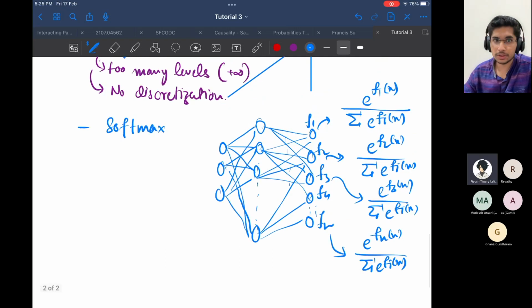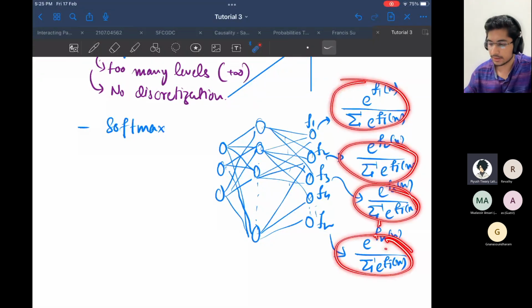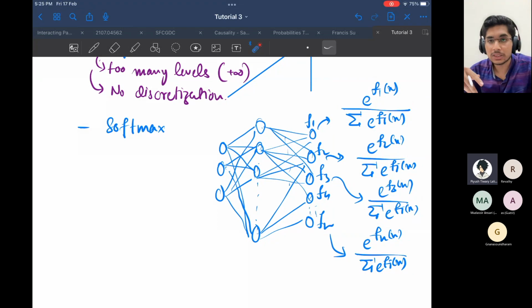Okay, so you can see, right, that by construction, softmax provides you n discretizations. This is the first level, this is the second, third, and this is the nth level. Softmax function is actually constructed in such a way that you have n discrete outputs, and you can use these discrete outputs to finally give some predictions.